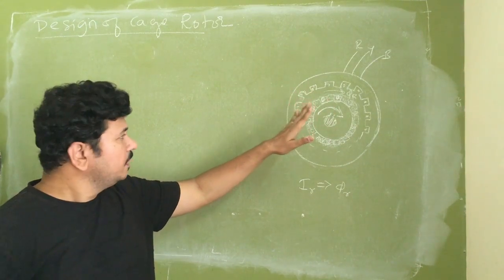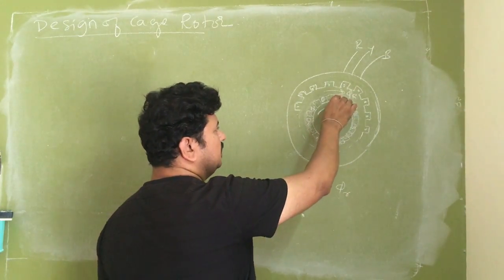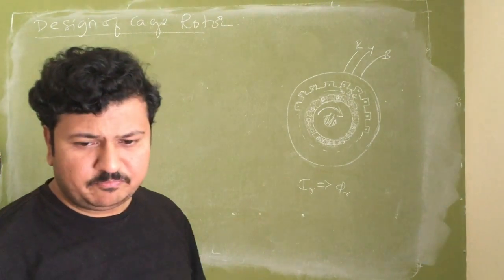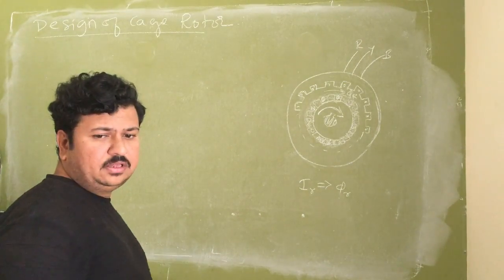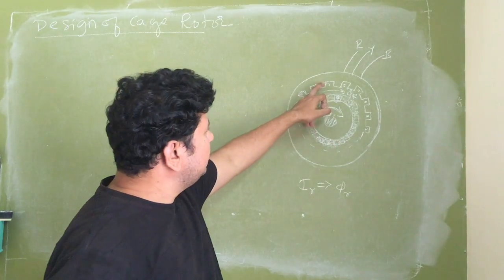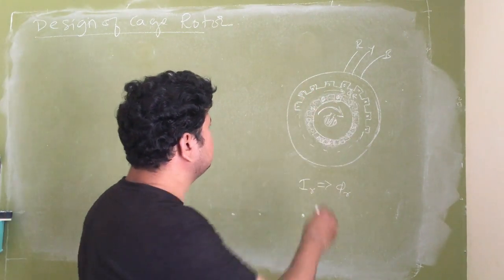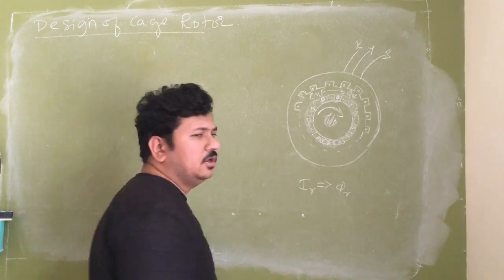It means that the main reason why the EMF is induced in the rotor is the relative speed between the RMF, the rotating magnetic field, and the rotor.